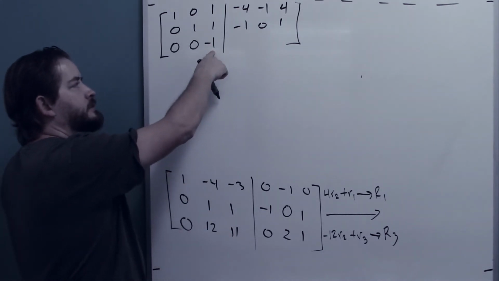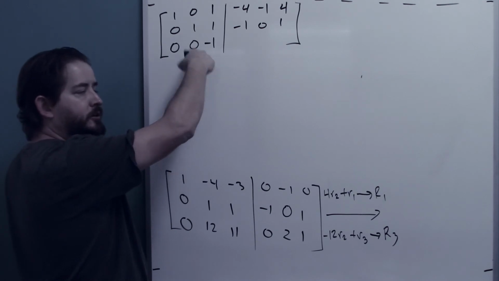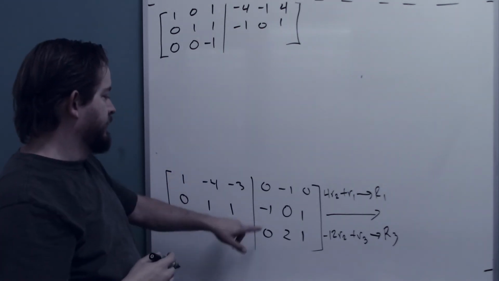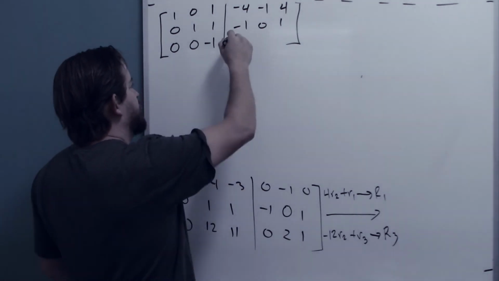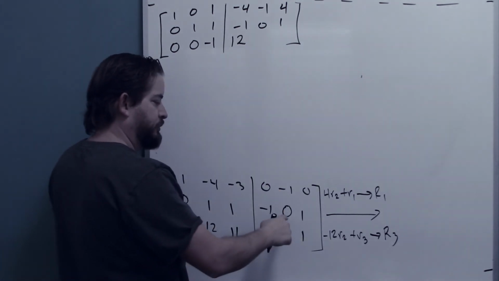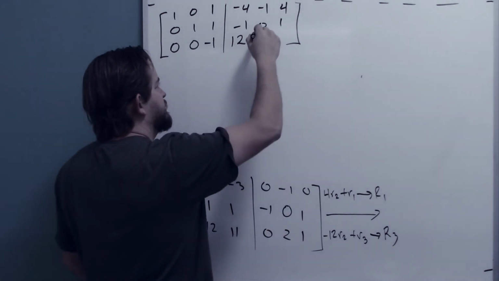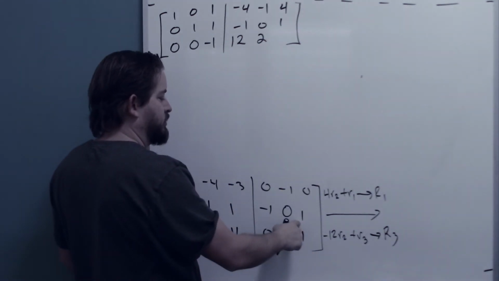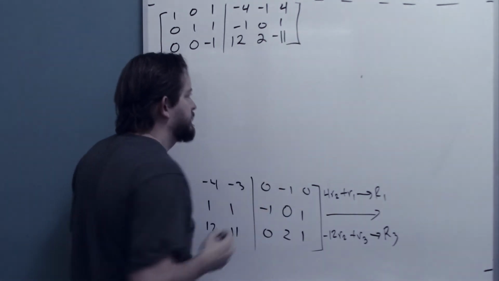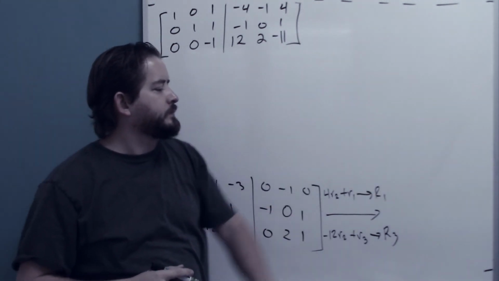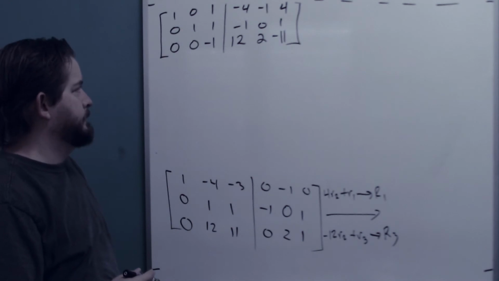I love it. I've already got a 1 here, I just need to turn it positive, right? -12 times -1 is 12, plus 0 is 12. -12 times 0 is 0, plus 2 is 2. -12 times 1 is -12, plus 1 is -11. Great.